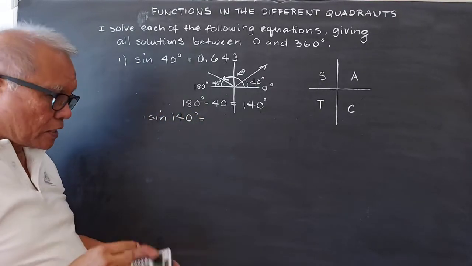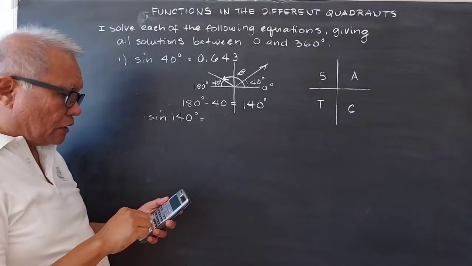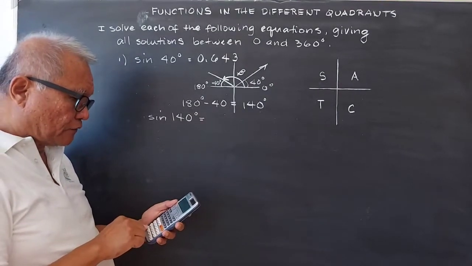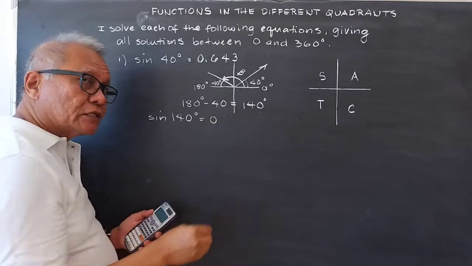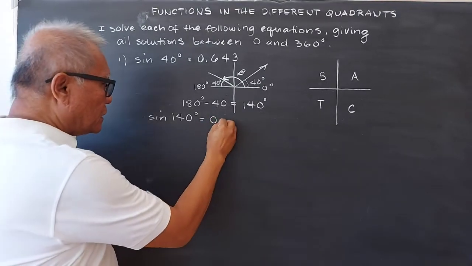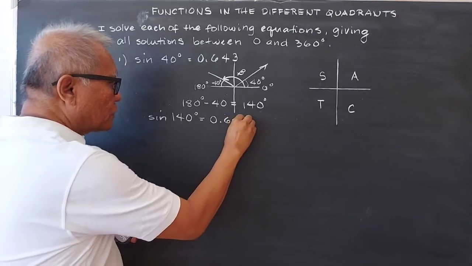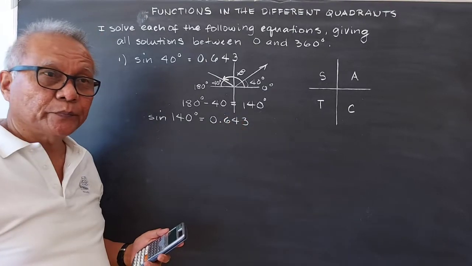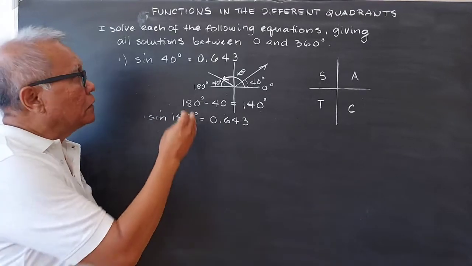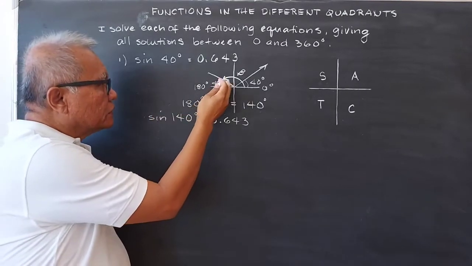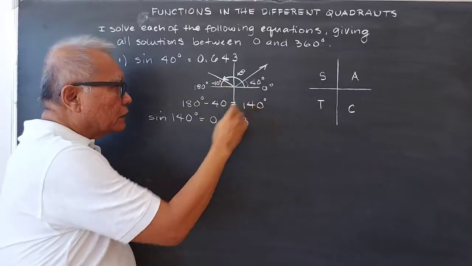And to check that one, use your calculator and find sine 140 degrees, and it will give you the same value which is also positive, and that is 0.643, the same.